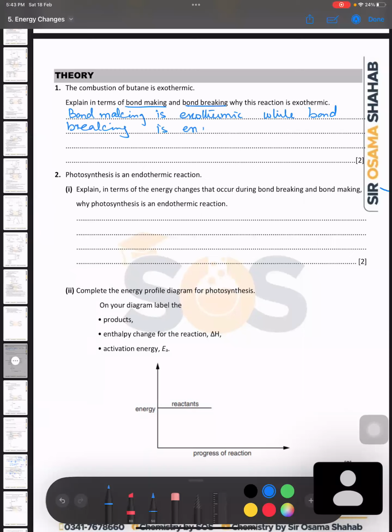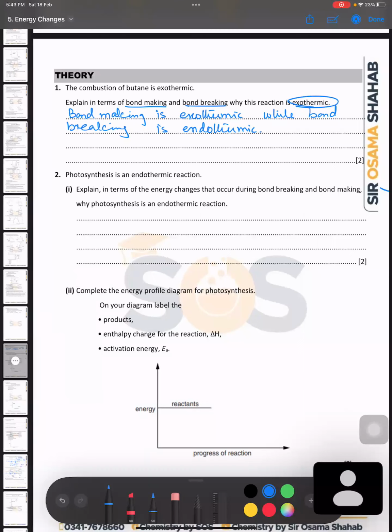You must write this. If you write this, you will get 1 mark for this. You must write this statement. Now in the second line you need to conclude your answer, why this is exothermic. We know that bond making is exothermic, so it will release more energy as compared to bond breaking.